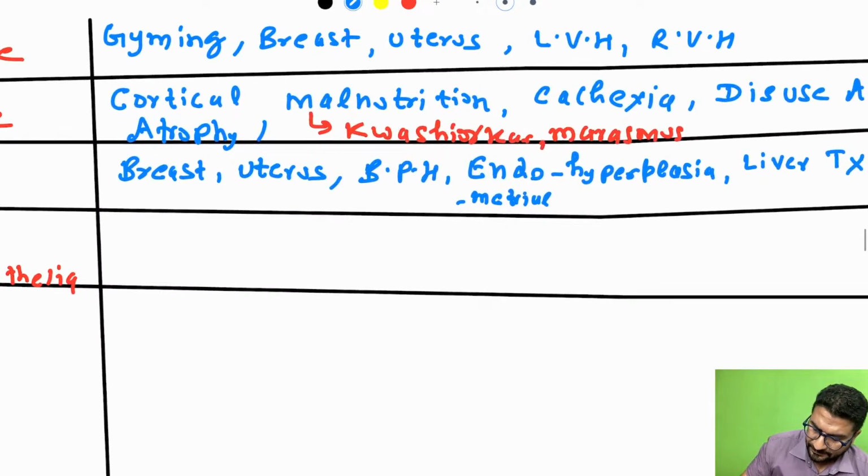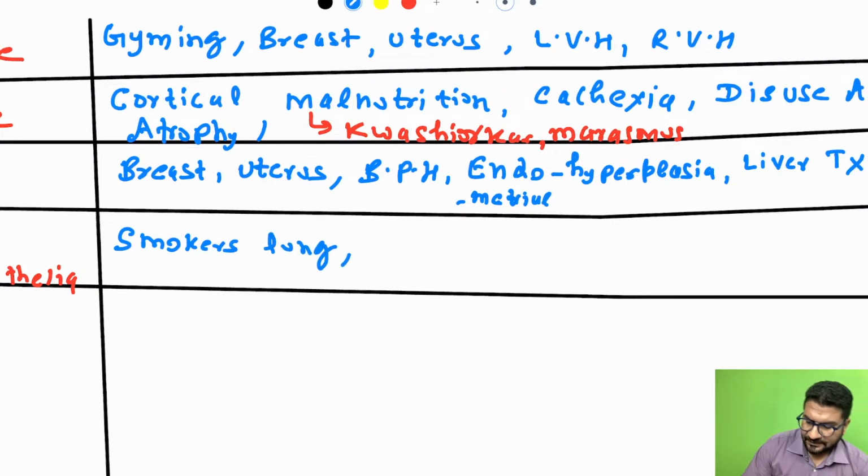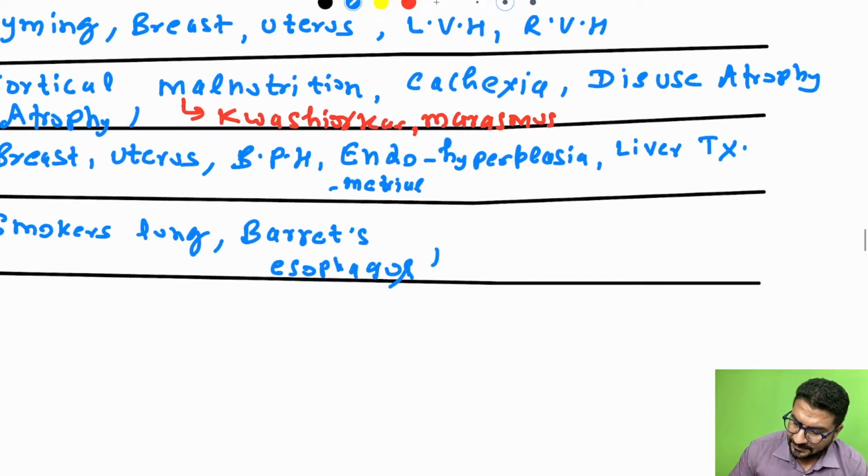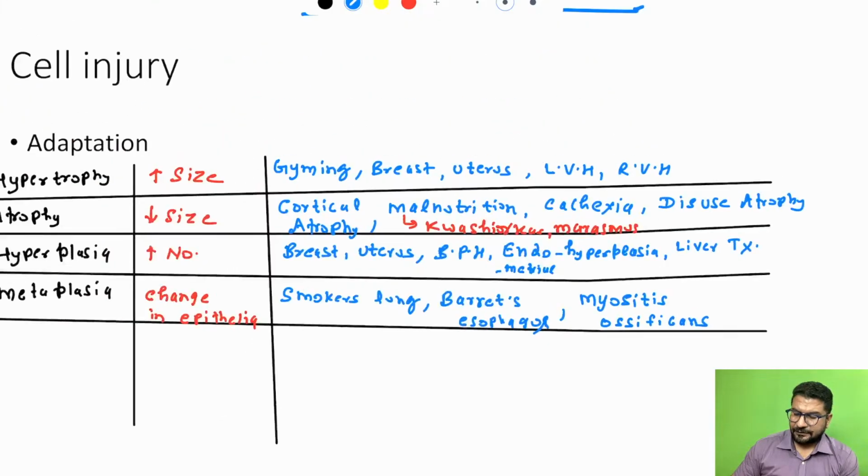Coming to metaplasia. Metaplasia, understand, most common cause, I told you metaplasia का most common cause was smoker's lung. Then metaplasia you can see in Barrett. And third important example of metaplasia जो आपको याद रखना है, is myositis ossificans.